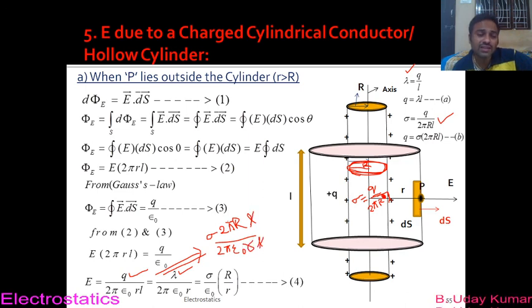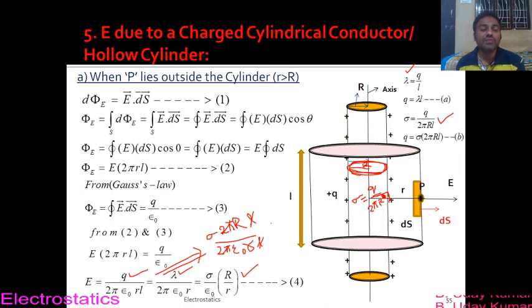L gets cancelled and 2 pi also gets cancelled. What is left is sigma by epsilon 0 times capital R by small r. So this is the electric field intensity in terms of q, lambda and sigma for a charged cylindrical conductor at a point P outside it.